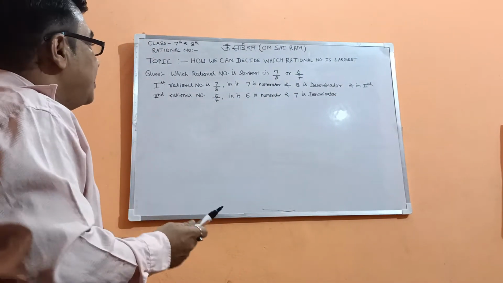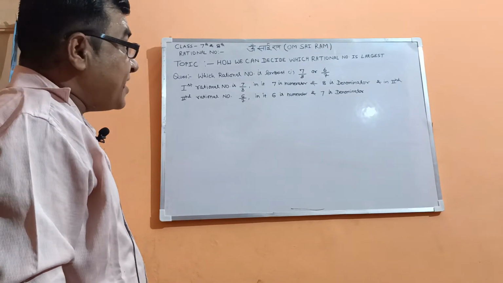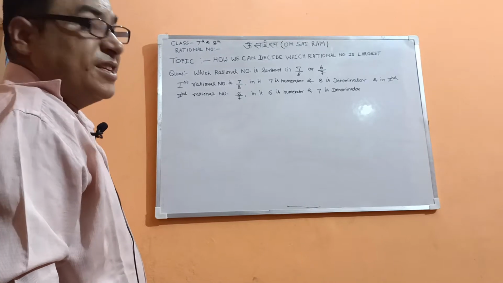So in the first number, 8 is the denominator and in the second number, 7 is the denominator.